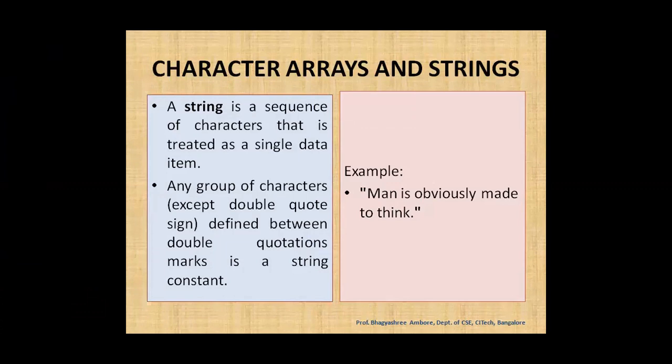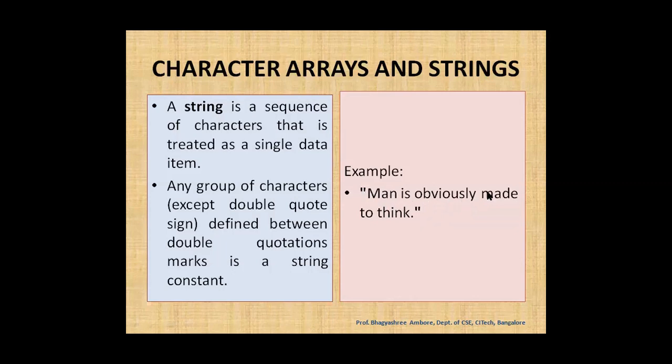Consider this example, I have written "Man is obviously made to think" in double quotes. The meaning is that "Man is obviously made to think" is completely treated as one single data item. Whatever I have written has been enclosed in double quotes. So what is a string?